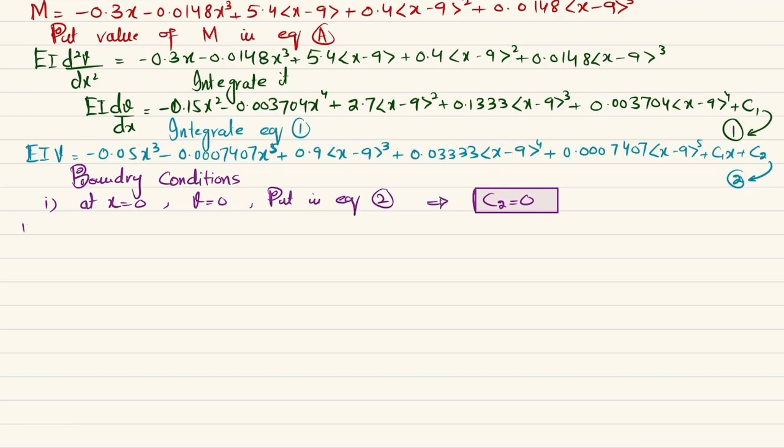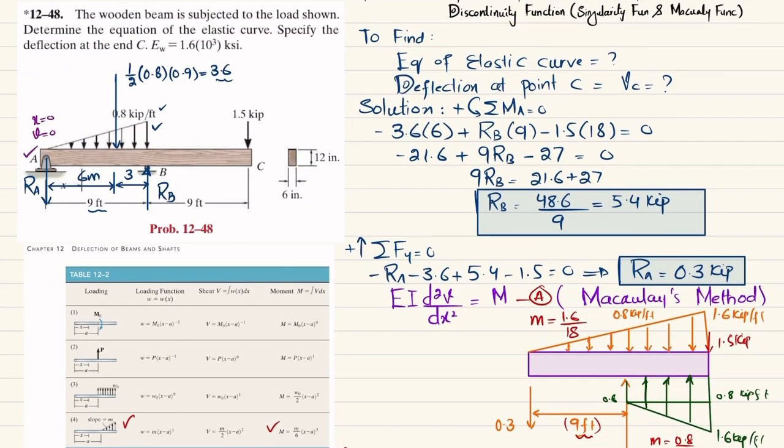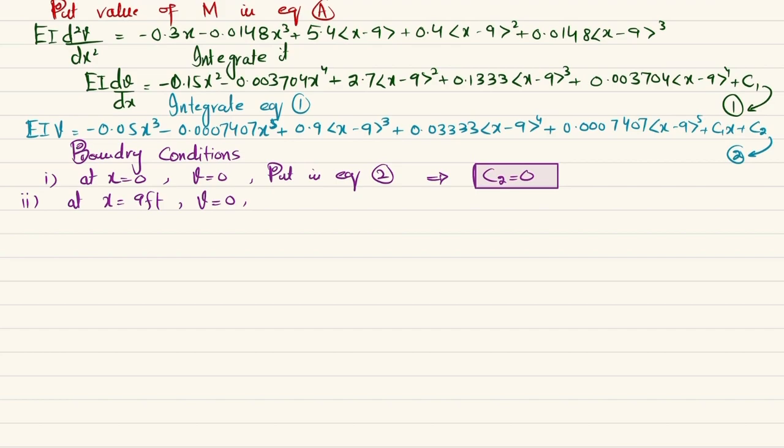Now the second boundary condition is that at x is equal to 9 feet, we have v is equal to 0. Here you can see at x is equal to 9 feet, the deflection is equal to 0 because there is a roller support. So put this in equation number 2.